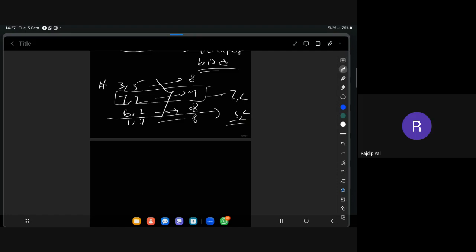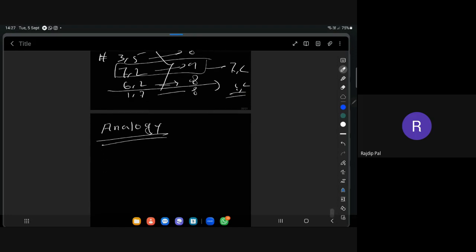Next, we'll go to the analogical part. Analogy means correspondence. So here a particular relationship is given and another similar relationship has to be identified from the alternatives provided.